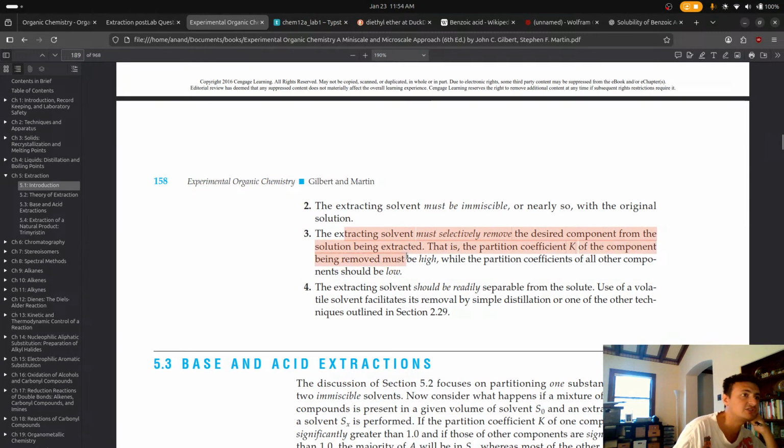The extracting solvent must selectively remove the desired component from the solution being extracted. That is, the partition coefficient K is high, and the partition coefficient of the other is low. Oh, okay. So imagine that you have C1 and C2.